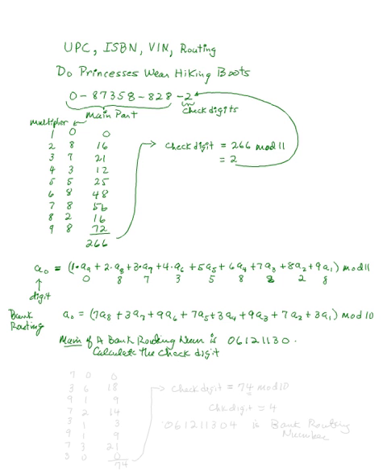Okay. Now, to do this, you can plug these numbers into the formula, 0 in for A8 and 6 in for A7 and so forth, and you can write it horizontally. Or, to do the same thing vertically, I'll write down my code, 7, 3, 9, 7, 3, 9, 7, 3, and then write down the main part of the number, 0, 6, 1, 2, 1, 1, 3, 0.